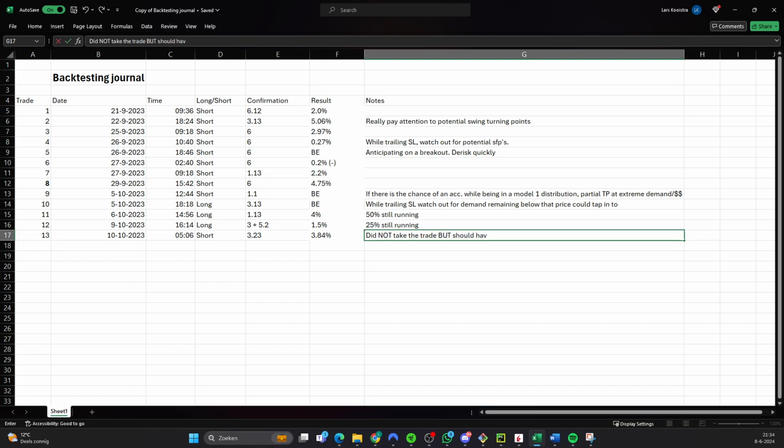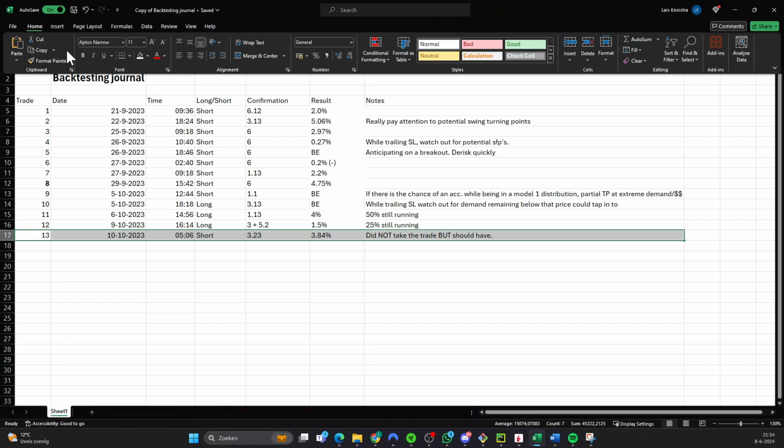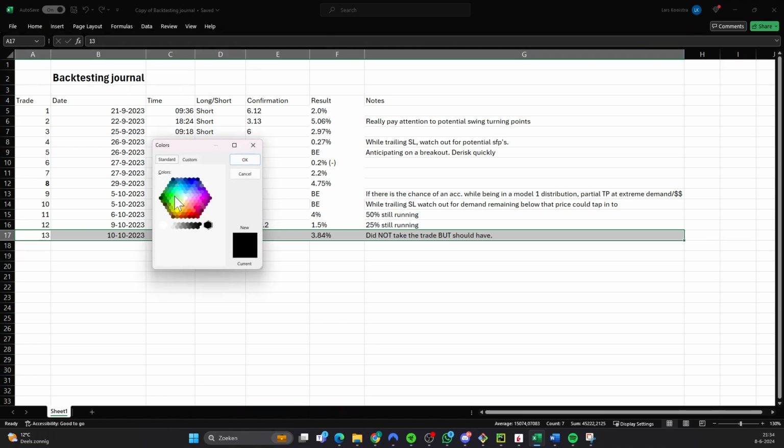Should have. And we're gonna actually make this a different color. Let's make it like a sexy color.